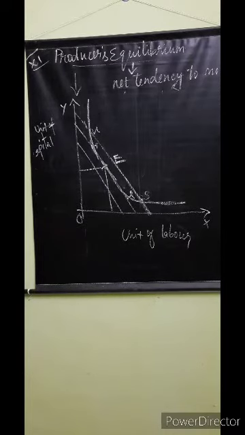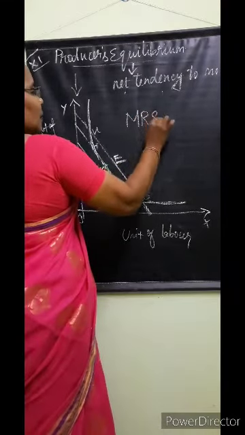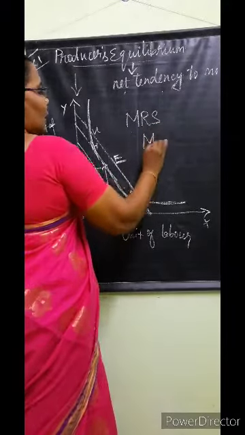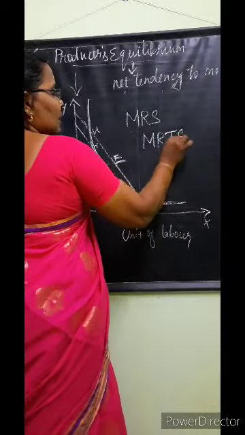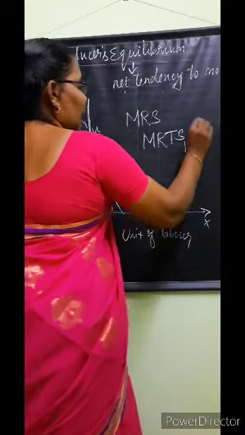That is, the slope of isocost line is equal to the slope of isoproduct curve, or MRTS. What do you mean by MRTS? Already I told you, MRS we have studied, marginal rate of substitution. Here, marginal rate of technical substitution of L and K, isn't it?